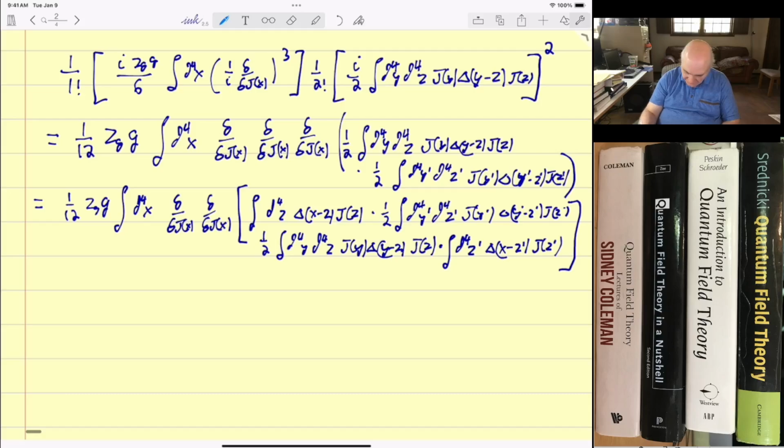Now you can see that these two terms are exactly the same. Just where you have a y, exchange y with y prime and z with z prime, and you can see that these two terms are the same.